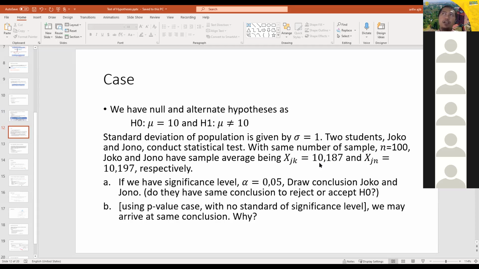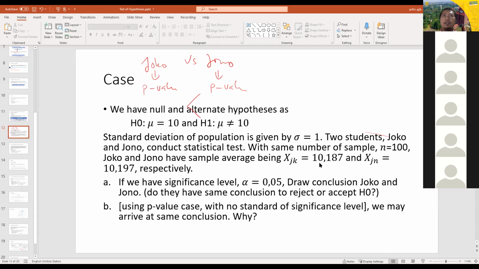Joko versus Jono. Joko will have its own p-value, and Jono will also have its own p-value. Which one is better?